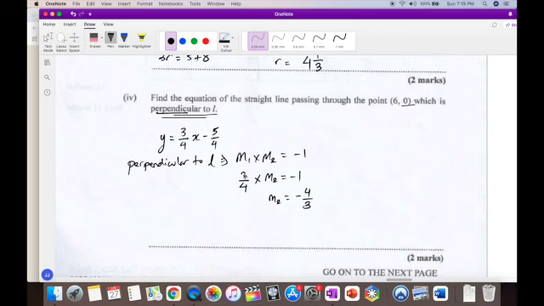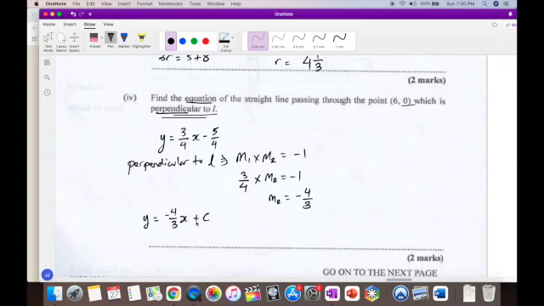So -4 on 3 times 3 on 4 will give me -1, and so the equation of the new line is y is equal to -4 on 3 x plus c.